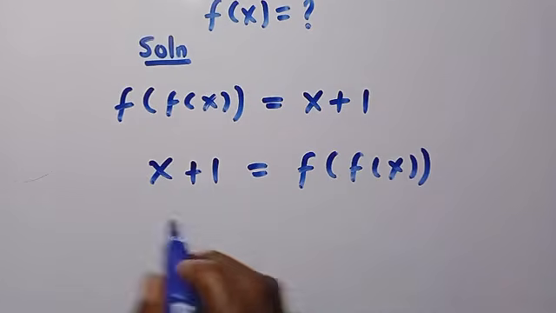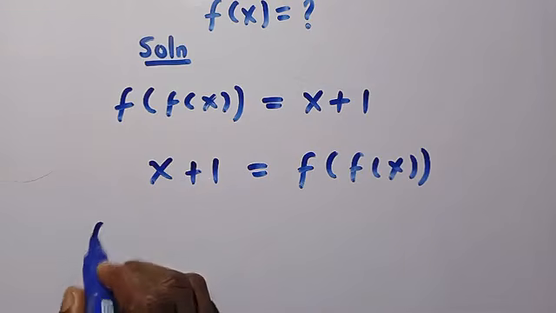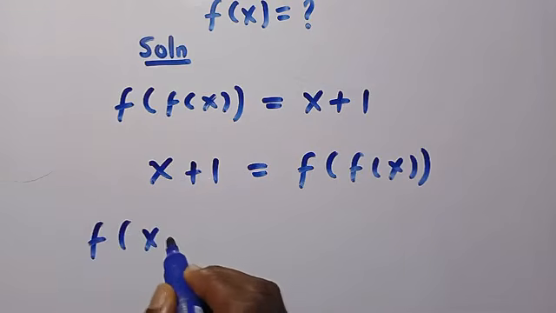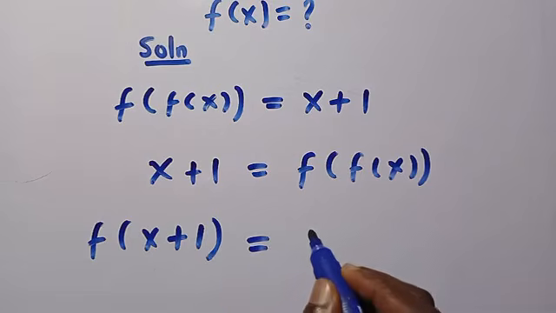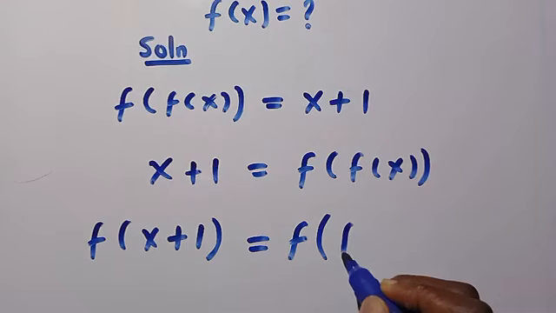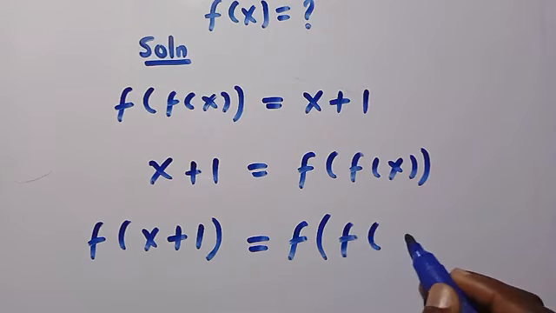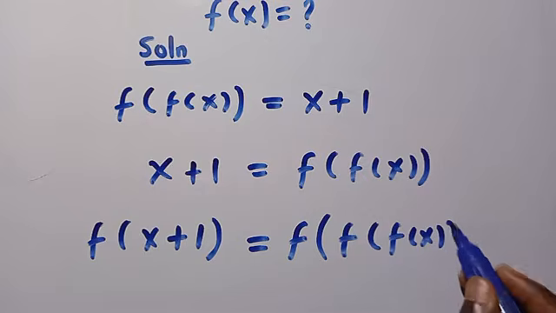Then let's introduce f to both sides. Here we now have f of x plus 1 equals f into bracket of f into bracket of f of x, all in bracket.